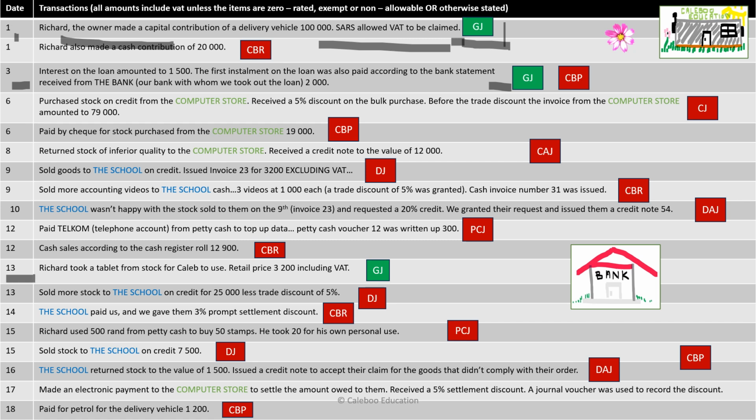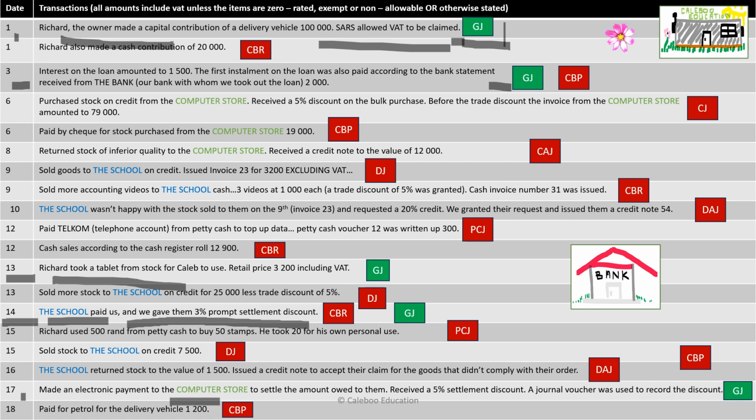On the 13th, taking the tablet from stock. On the 14th, the school paid us and we gave them settlement discount. On the 17th, made an electronic payment to the computer store and we got settlement discount. So we're going to look at a few discounts here.